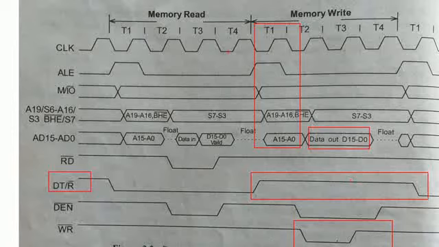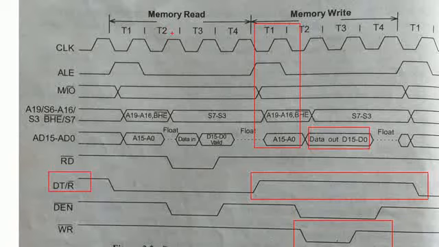So this is about the bus cycles, some of the signal status when the microprocessor would like to perform the read operation and the write operation. If you want to realize this entire signal status concept, you simply realize the steps followed by the microprocessor to perform the read operation.